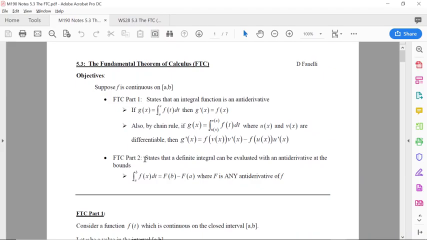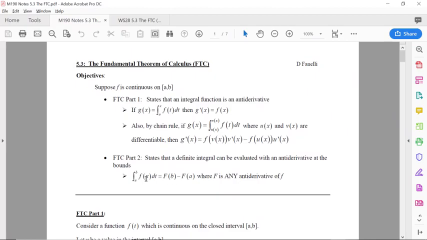Now, part 2 of the fundamental theorem of calculus tells us how we can use an antiderivative to evaluate a definite integral, which geometrically means we can find the area bounded by a curve and the x-axis over a closed interval a to b through the use of an antiderivative, where we would only have to evaluate the antiderivative at the bounds.